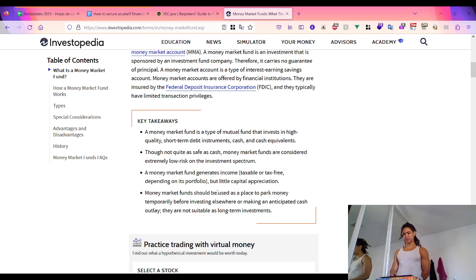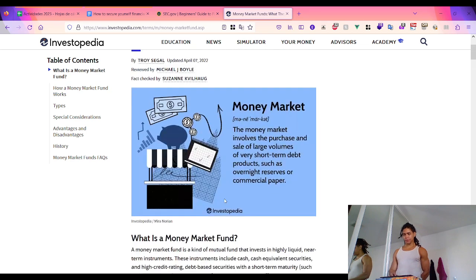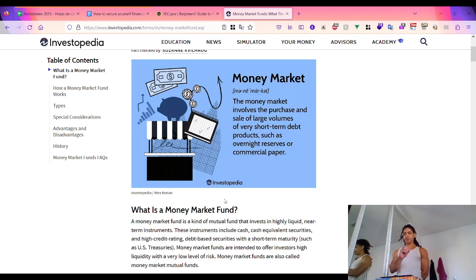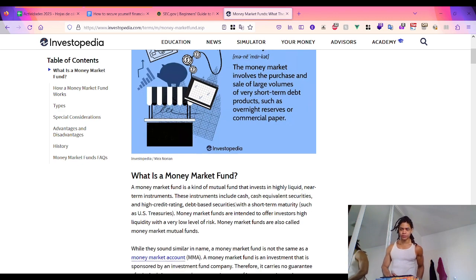Money market involves the purchase and sale of large volume of very short-term debt products, such as commercial papers or risky debt from companies, or overnight reserve.